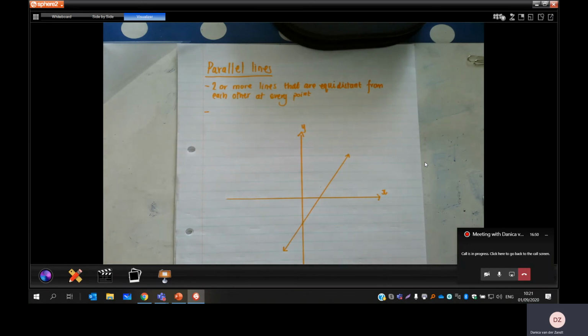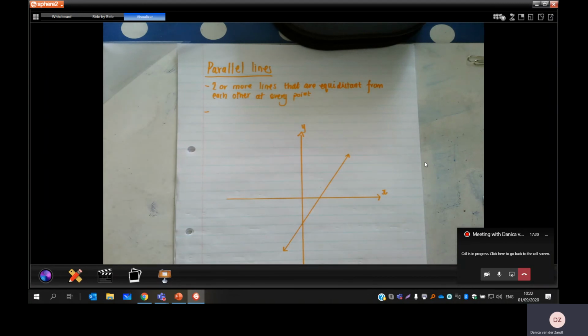Now I need to draw a line that is parallel to that line. So we know that it's going to be 2 or more lines that are equidistant from each other at every point. So would you agree with me that the 2 sides of my ruler are technically parallel because they are equidistant at every point?